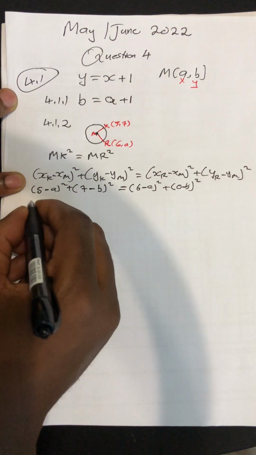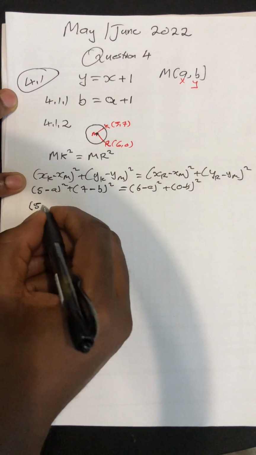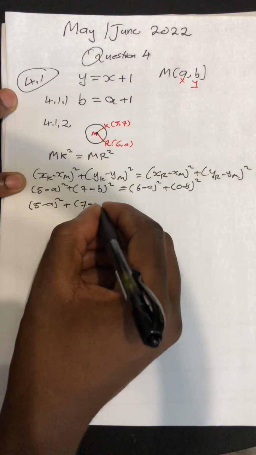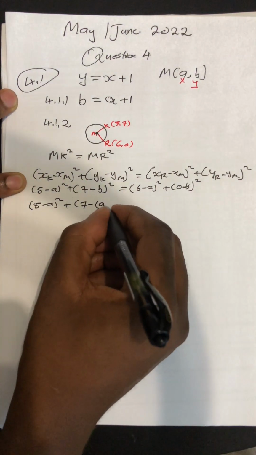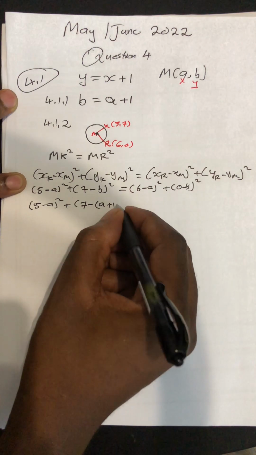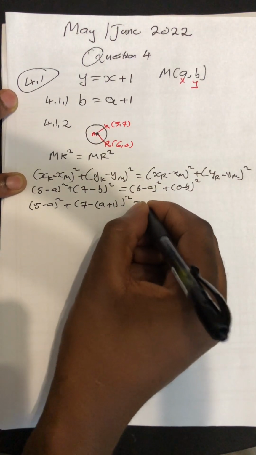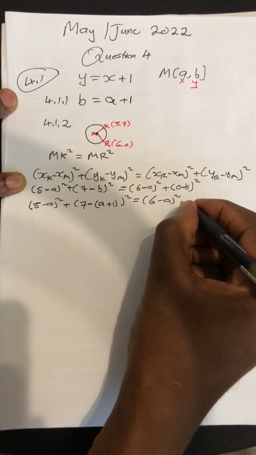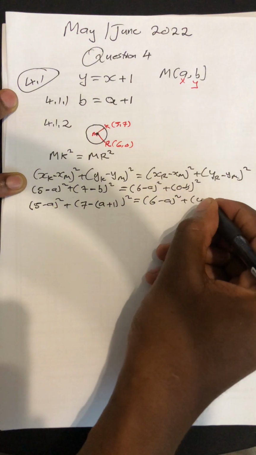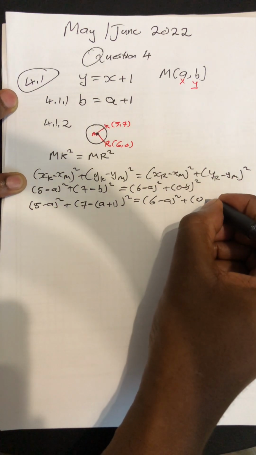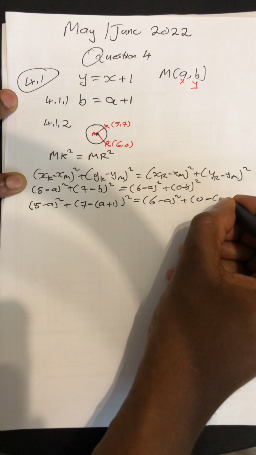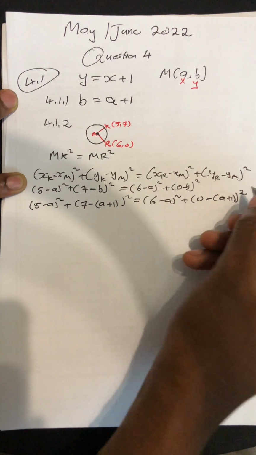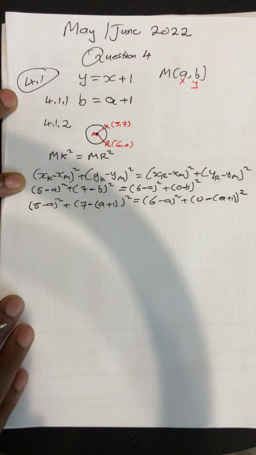Let's trace b. (5 minus a) squared plus (7 minus (a plus 1)) squared is equal to (6 minus a) squared plus (0 minus (a plus 1)) squared. We replaced each and every b by a plus 1.